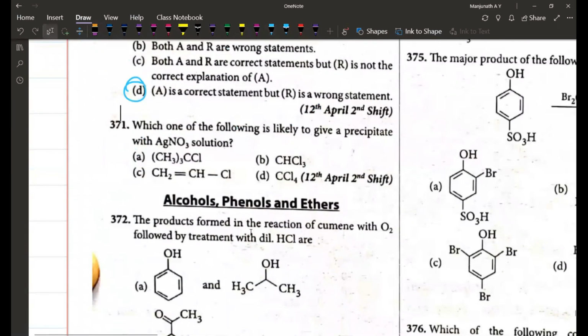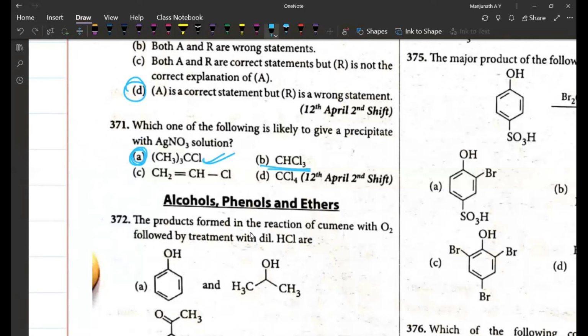So next one. Which one of the following is likely to give a precipitate with AgNO3 solution? So option A. A, think 10 times. Option B, sir. Why B? Why A? Naman, tell me first. Why A? Because the carbocation easily gives Cl minus. Yes, good. Why B, Rishabh?